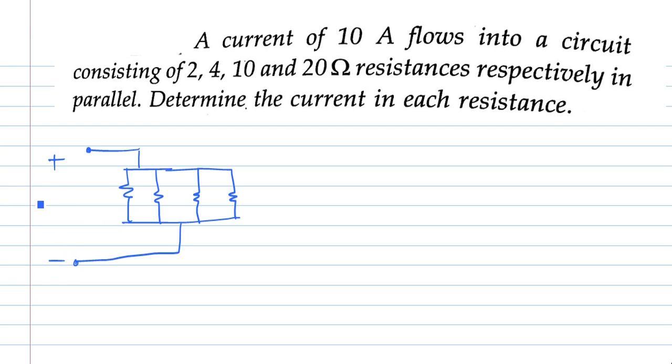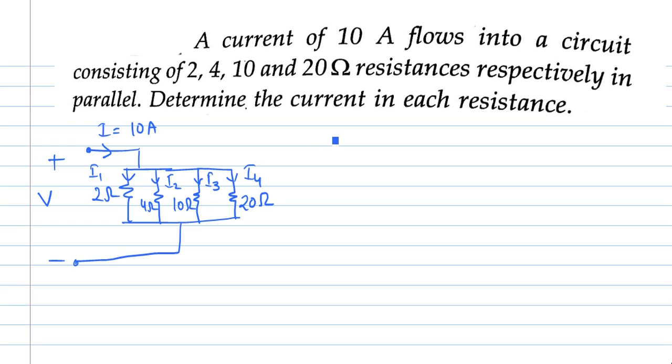Suppose the voltage is V and the current flowing is I, which is equal to 10 ampere. Here the resistances are 2 ohm, 4 ohm, 10 ohm, and 20 ohm. Let us suppose the currents are I1, I2, I3, and I4.